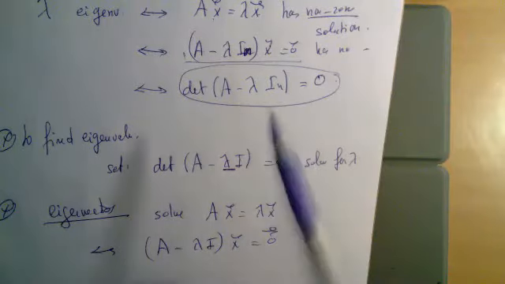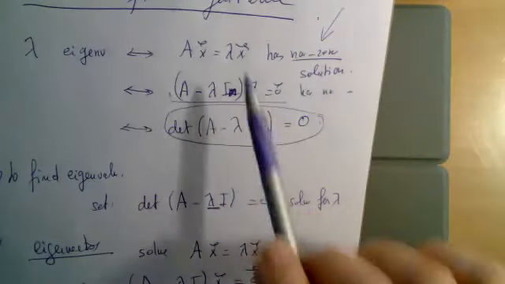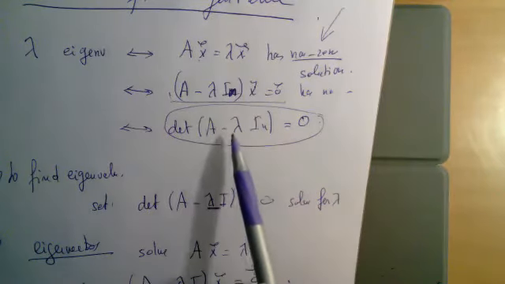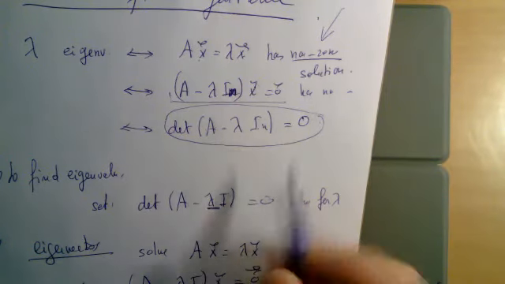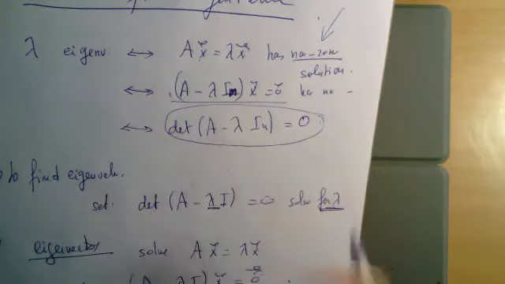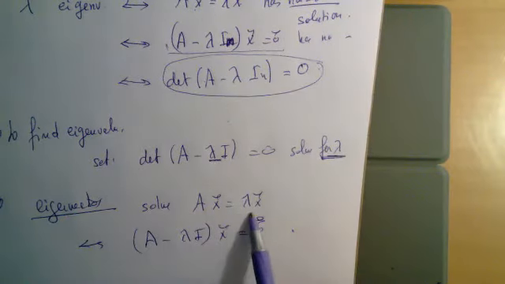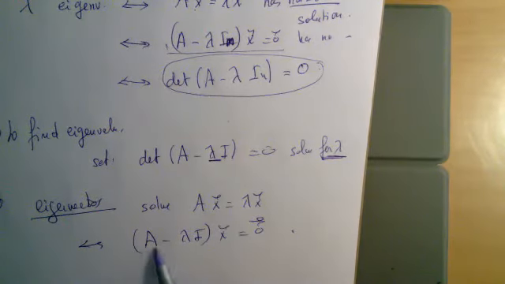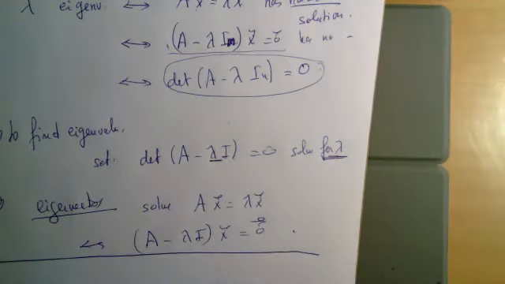To find the eigenvalues, I need to find a non-zero vector such that this is satisfied, which boils down to setting the determinant of A minus lambda I equal to 0 and finding all those lambdas that satisfy this condition. To find the eigenvectors, I just have to solve Ax equals lambda x. By rewriting that, I have to solve the system A minus lambda I times x equal to 0.